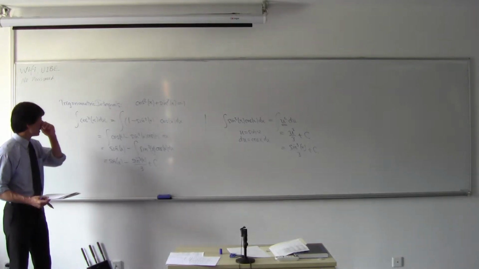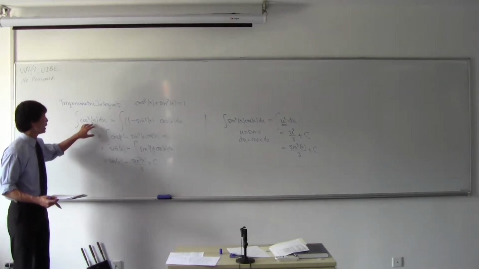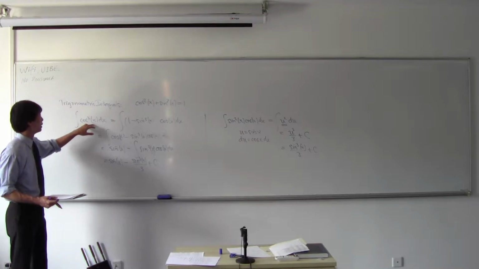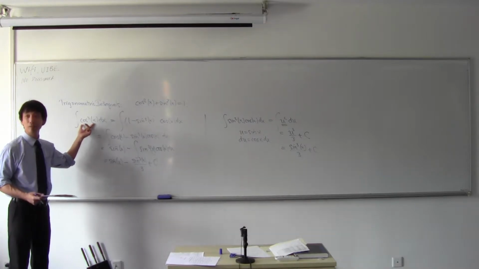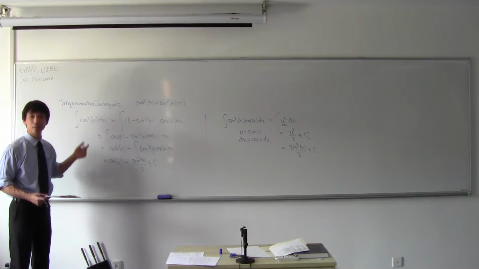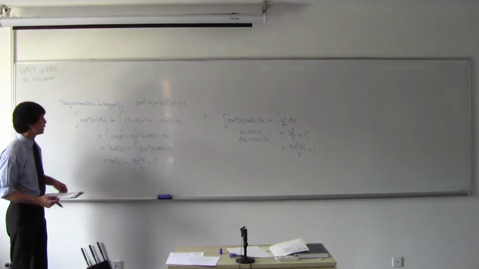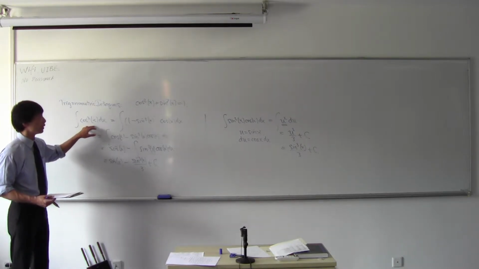And suppose I had something like cosine to the 5th power. What would happen in that case? What would you do if you had cosine to the 5th power?